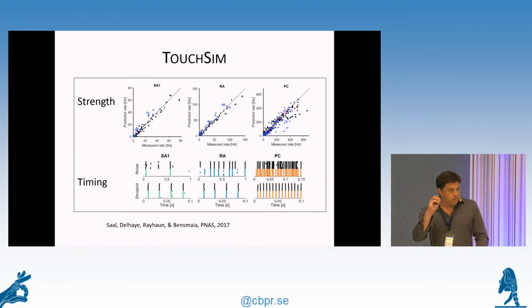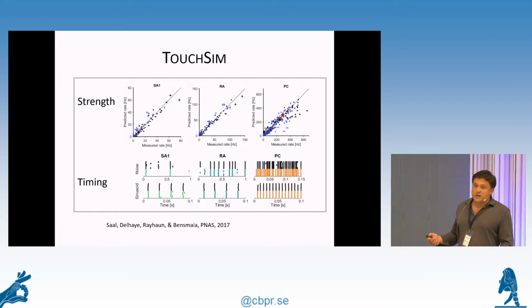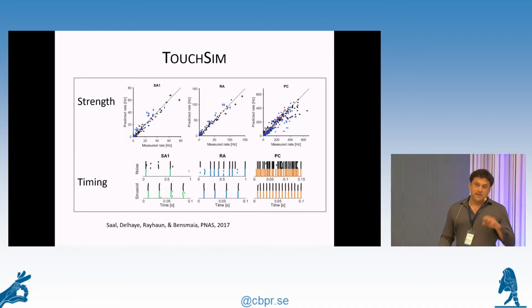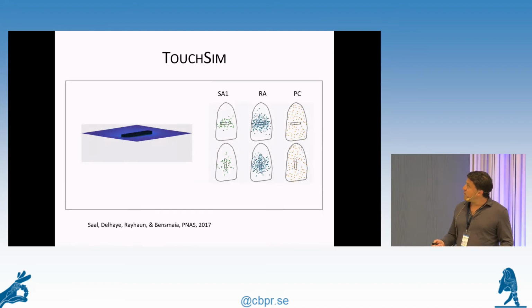Neurons respond through these binary events called action potentials, or spikes, and we can predict with millisecond precision when those spikes are going to happen. So basically, if you gave me the technology, I could restore the sense of touch. Of course, that technology is nowhere near ready for prime time.